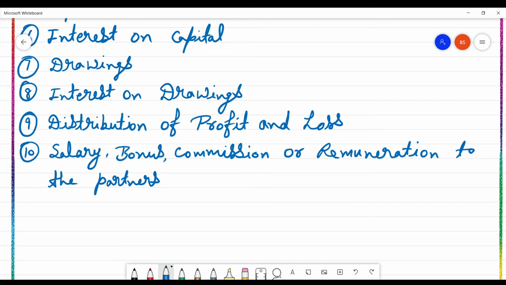How much salary, bonus, commission or remuneration will be given to the active partner of the firm is mentioned in the partnership deed. If no provision is made in the partnership deed, salary, bonus, commission or remuneration will not be given to the partners.